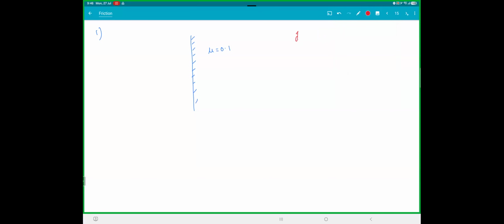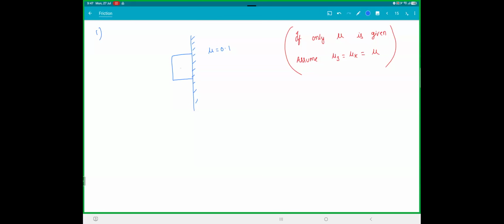That's a very common thing. They'll just give one mu there, assume mu s is equal to mu k is equal to mu. Just keep that in mind, just to keep your life easy.